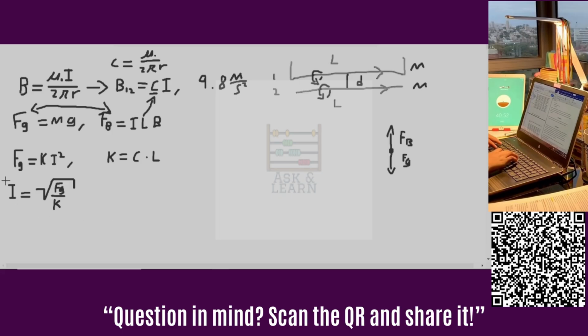And that will give you your current. And they both have the same current, so we don't need to worry about doing this for the other wire. And so just remember to plug in everything for your constants here. And that will give you the current.